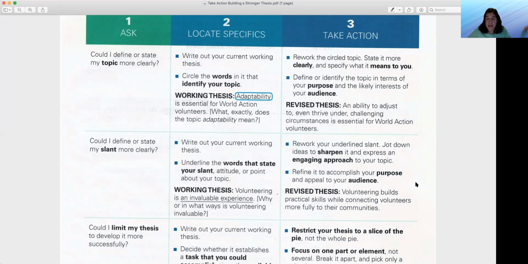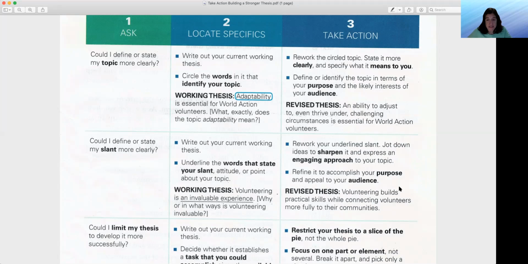So we come over to take action. It says rework your underlined slant. So this was our slant, an invaluable experience. Jot down ideas to sharpen it and express an engaging approach to your topic. Refine it to accomplish your purpose and appeal to your audience.